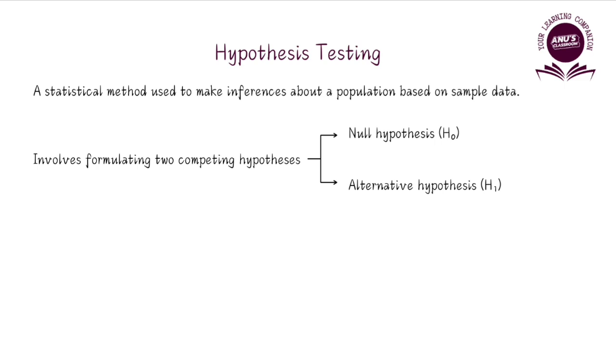Maybe we can say that the type of phone is not directly related to the internet speed. Null hypothesis would be that internet speed is not related to internet usage. Alternate will be yes, internet speed is related to internet usage. The speed of your Wi-Fi is related to the amount of time you spend on the internet, something like that. Those will be your null and alternate hypotheses, right?